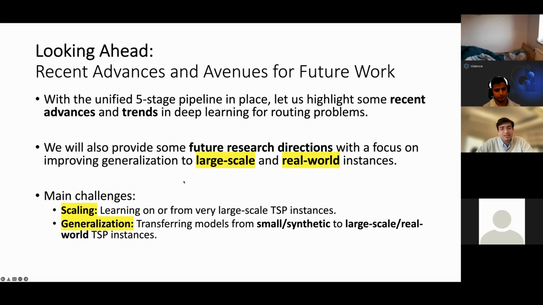Essentially, the solution is to generalize, or to build models that can transfer from small or synthetic instances of combinatorial problems to larger and real world instances. Obviously, this transfer will not be perfect, but if you can't directly learn on the large instances, then you at least need something useful there.